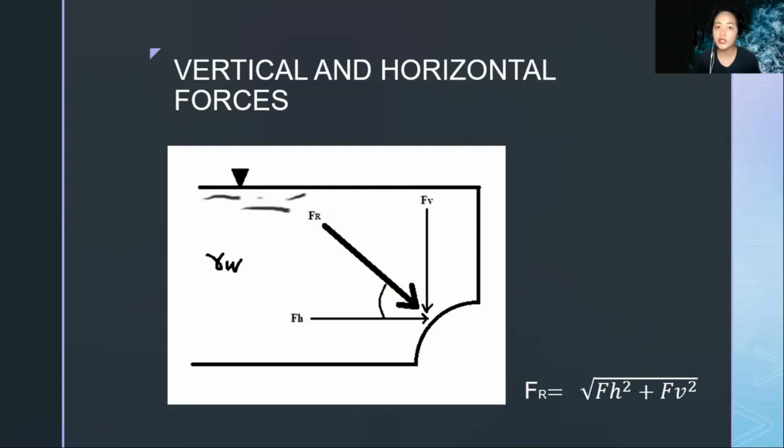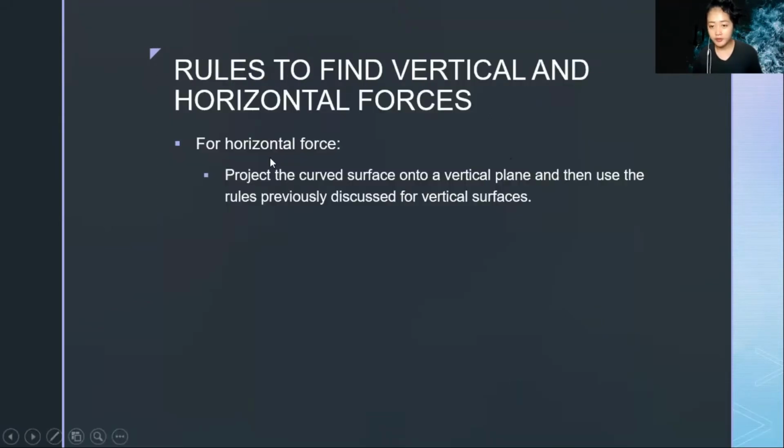And now the question is how to find the vertical and horizontal forces. So, these are the rules on how to find them. To find the horizontal force, project the curved surface onto a vertical plane and then use the rules previously discussed for vertical surfaces.